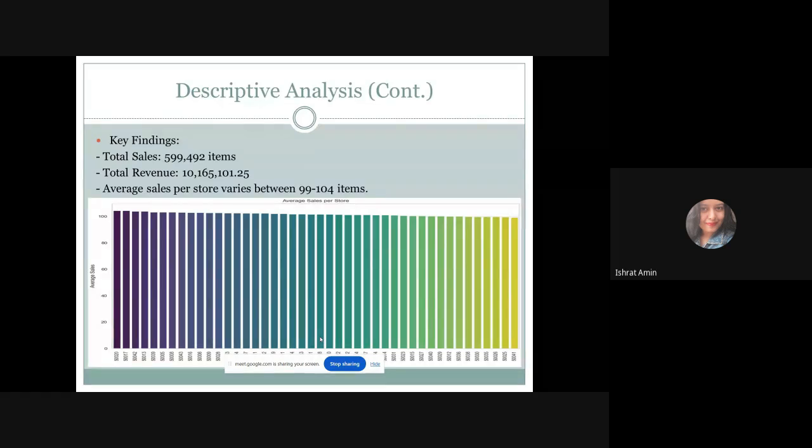Average sales per store varies between 99 and 104 items.